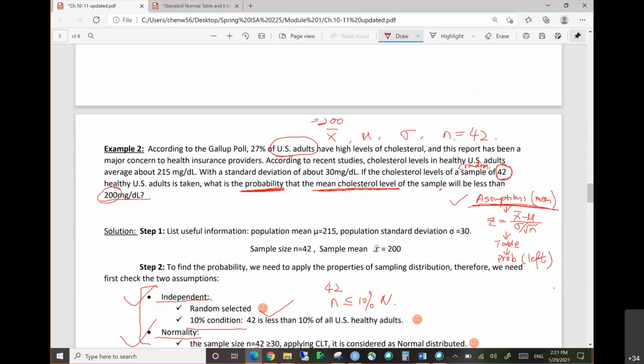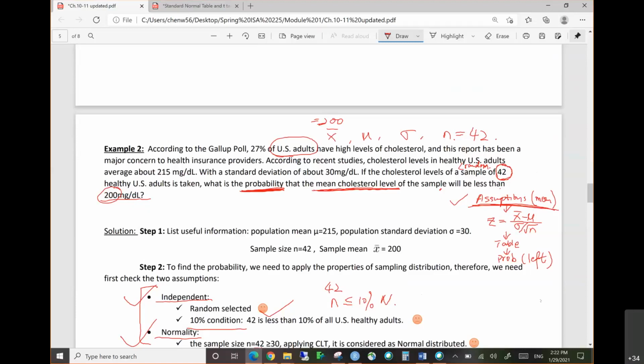It didn't tell you what the sample mean is, but from the question, this is the sample mean you want to compare with. So this is 200. Next will be much easier.